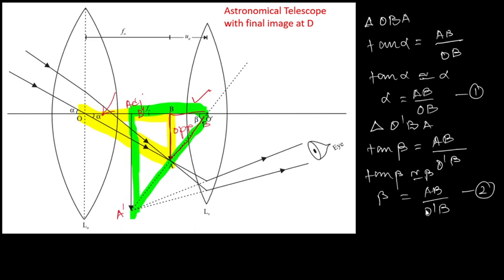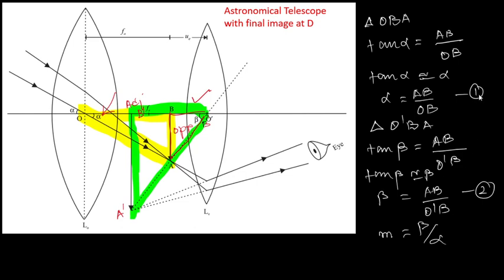Now M is equal to, we know this equation already, M is equal to what? Beta by alpha, is it not? So M is equal to beta by alpha.